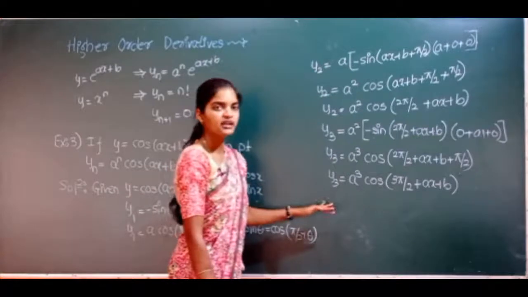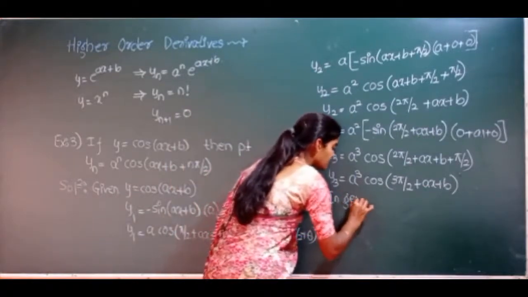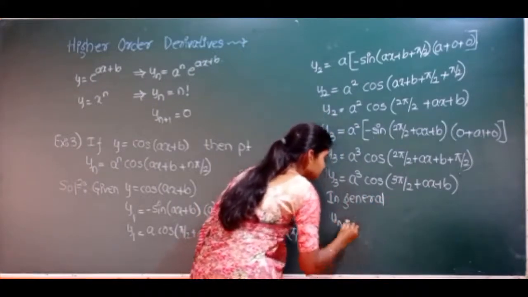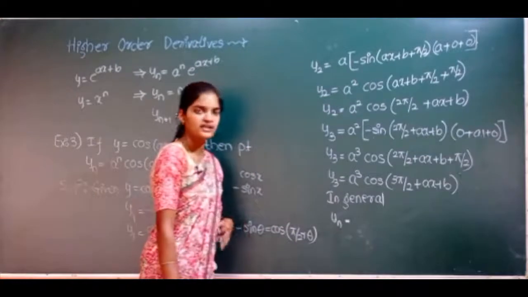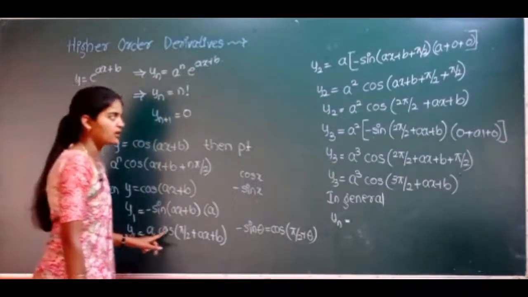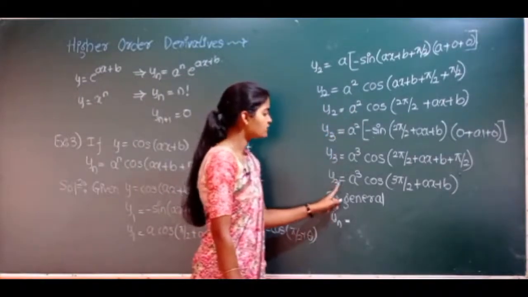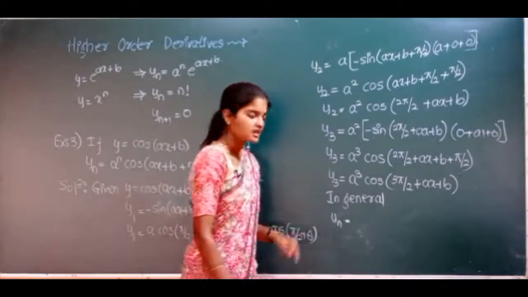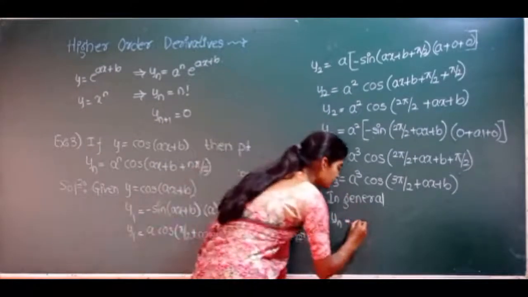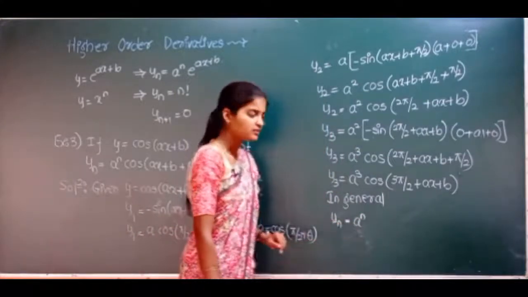So comparing all these three, in general yn is equal to, see, for y1 a power is 1, for y2 a power is 2, and for y3 a power is 3. Therefore in general for yn the a power will be n, that is a raised to n. Now this constant term is over.